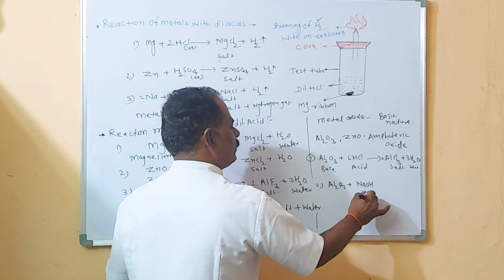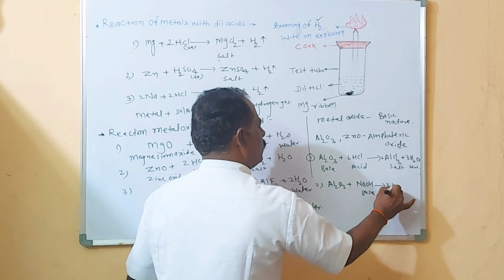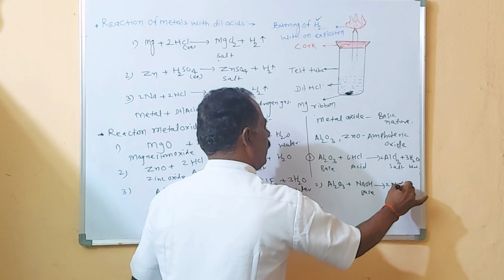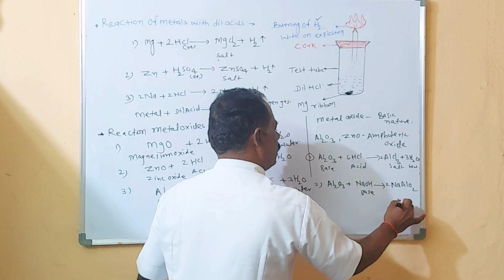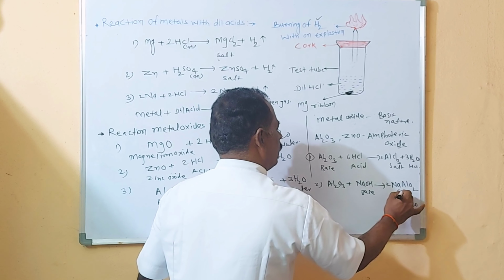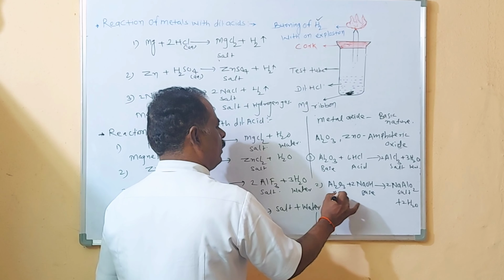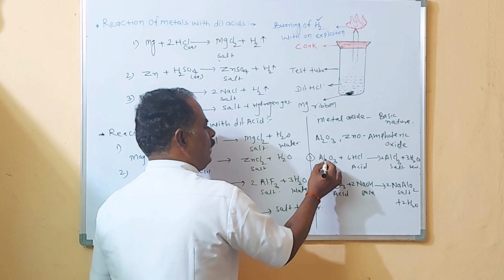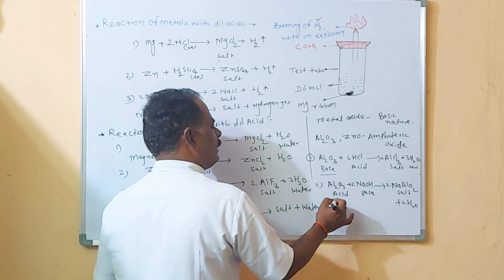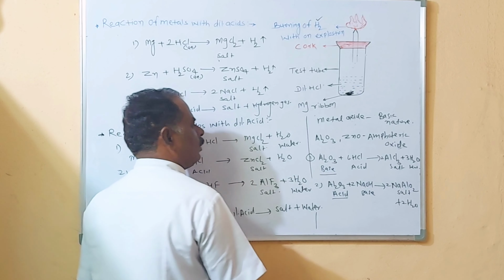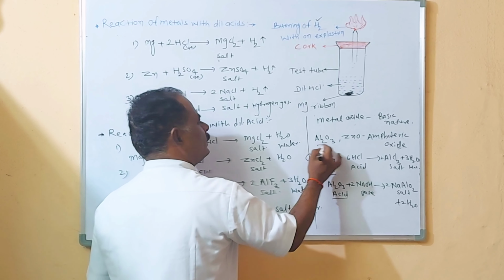This is the base. It forms sodium aluminate, NaAlO2, plus H2O. This is the salt, sodium aluminate. Here, aluminium oxide acts as an acid. You see here, the same oxide, aluminium oxide, acts as a base as well as an acid to form salt and water. Therefore, aluminium oxide is amphoteric in nature.